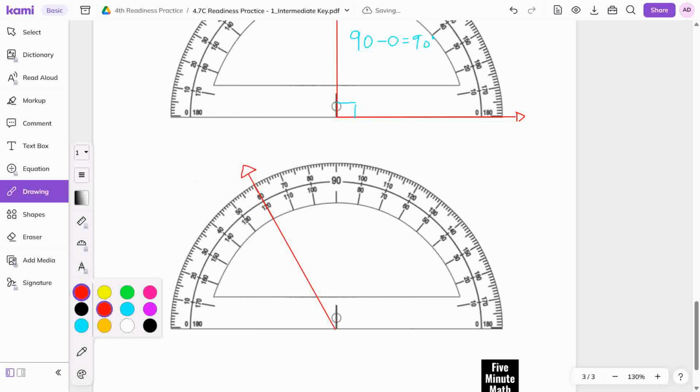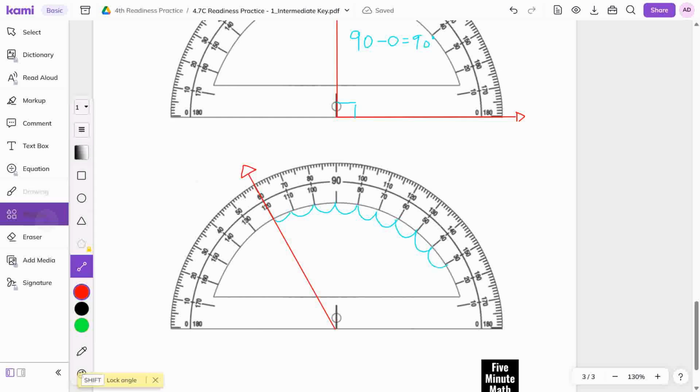And so what I need is one that is 90 degrees away. So if I wanted to, I could think this is like a ruler and I could skip count by tens. So let's do that. So 10, 20, 30, 40, 50, 60, 70, 80, 90. So I can make my other go straight there. And then I can go through this one right here.